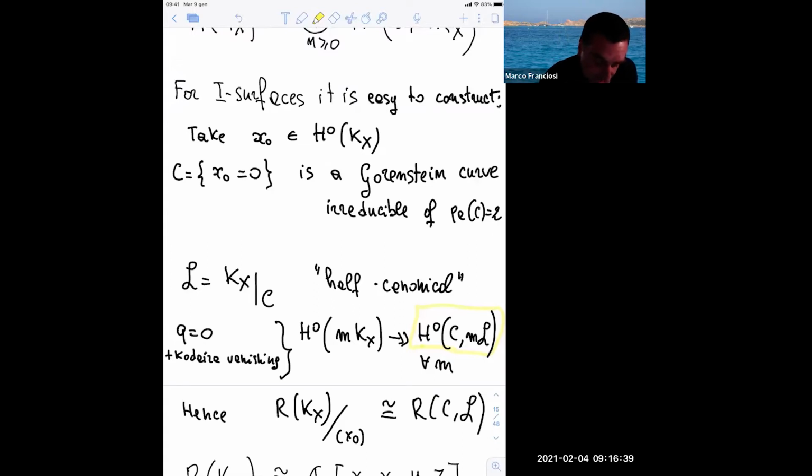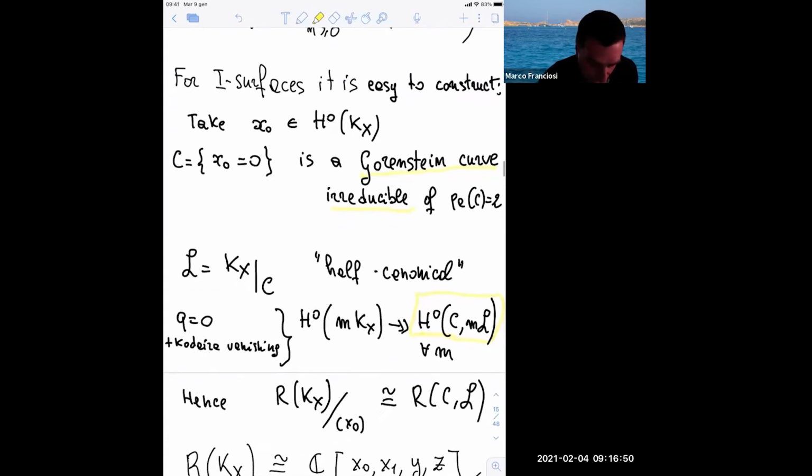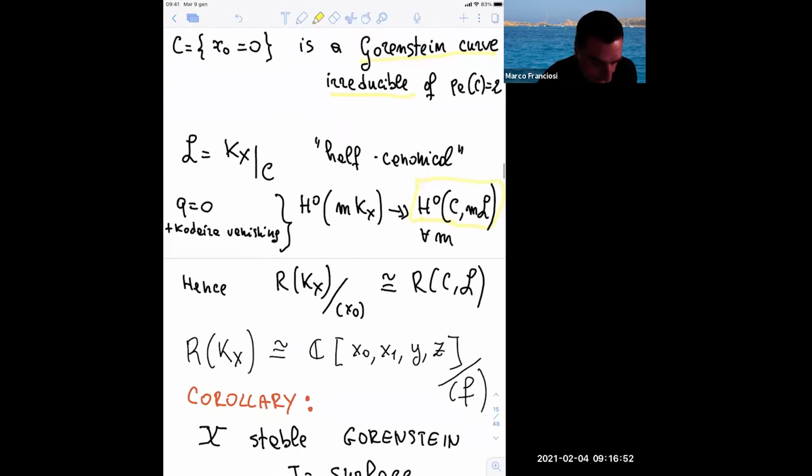Here, the hypothesis Gorenstein and irreducible is fundamental. So we can recover the classical result. And we obtain, by the so-called hyperplane section principle, that R(K_X) modulo x0 is isomorphic to R(C, L).